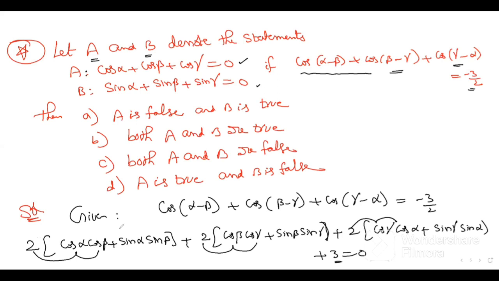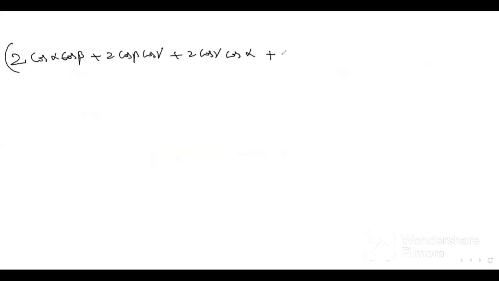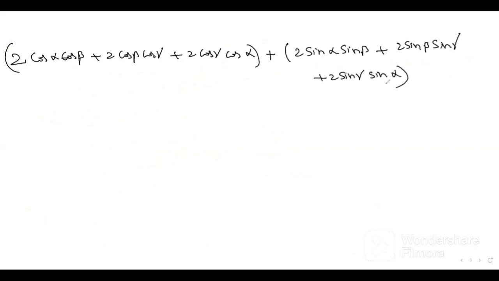Next, here 2 multiplied to 3 functions: 2 sin alpha sin beta, 2 sin beta sin gamma, 2 sin gamma sin alpha. Here also write 2 sin alpha sin beta, 2 sin beta sin gamma, 2 sin gamma sin alpha.